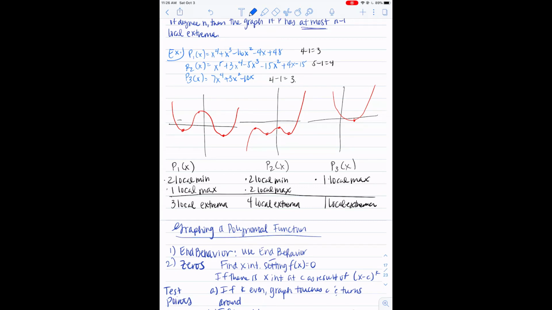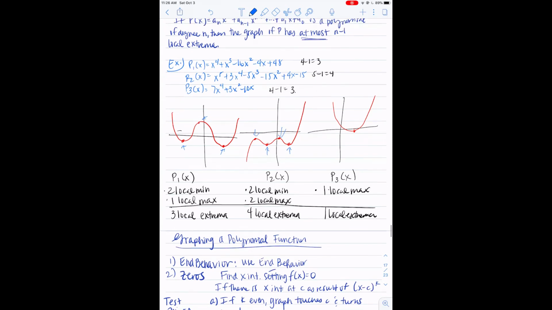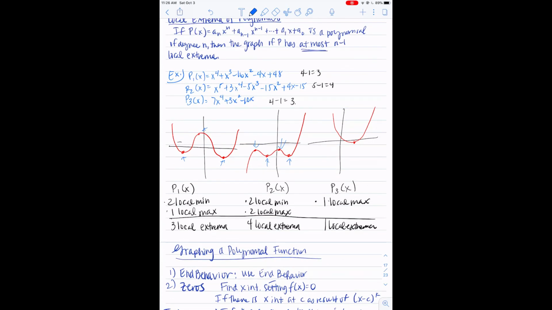I did it on Desmos and then transferred it here. Our p1 of x has 2 local minimum and 1 local max, so in total it has 3 local extrema. P2 of x has 2 local minimum and 2 local maximum, so we have 4 local extrema. And P3 of x has 1 local max, so we have 1 local extremum.